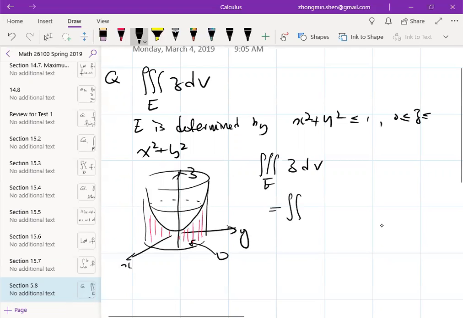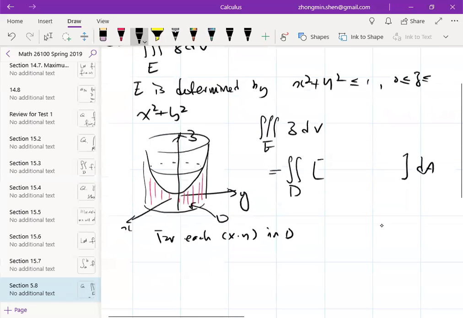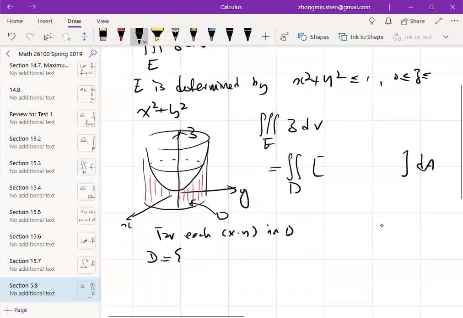So the double integral is dA, and inside, for each point x and y in D, where D is a disk determined by x squared plus y squared less than or equal to 1, you draw the vertical lines. Those vertical lines occupy the solid.